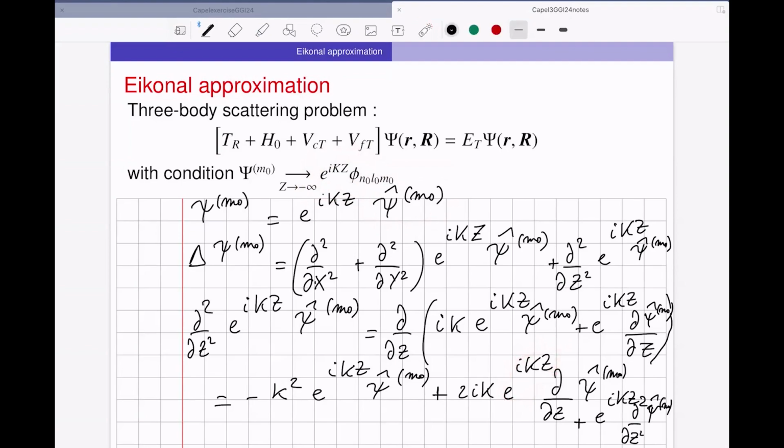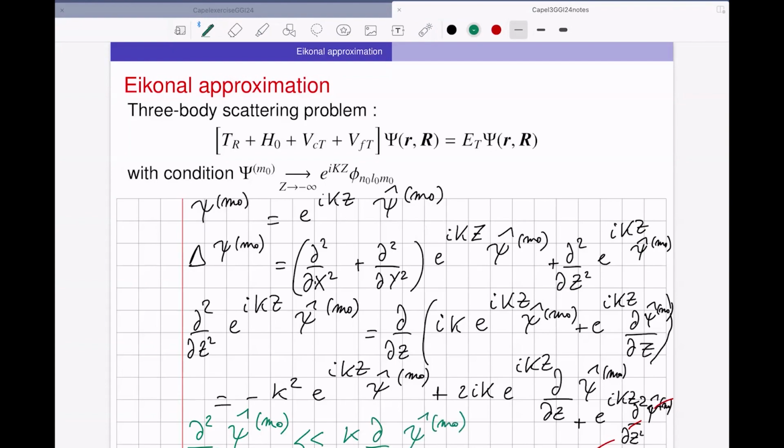And so the idea of the approximation is to say that this second order derivative is much smaller than k times the first order derivative of psi hat.